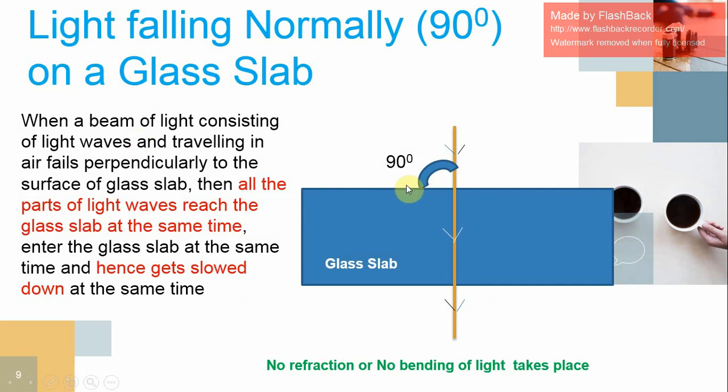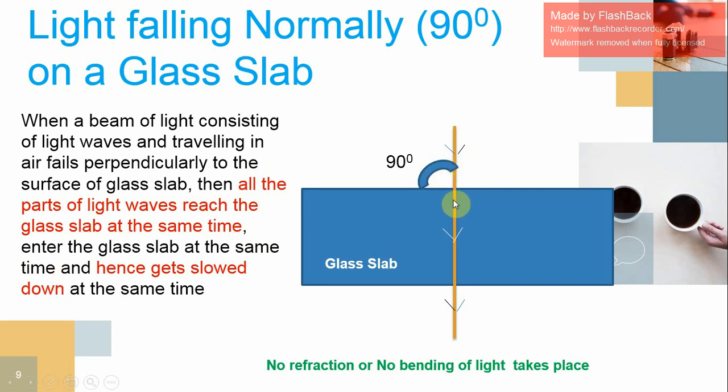What happens? Does any refraction occur or not? All parts of the wave reach the glass slab at the same time. This is a collection of rays, that means a beam of light. It reaches the glass slab and enters the glass slab at the same time.